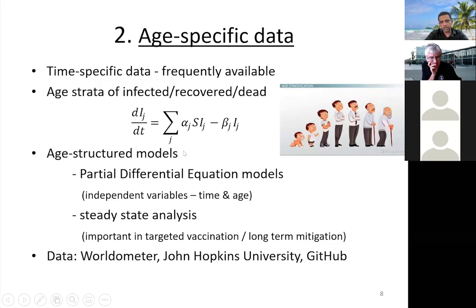As far as vaccination and long-term mitigation, this analysis is important because in steady state, if you negate the effect of time and concentrate on age in the long run, it will be useful in designing vaccination and mitigation processes.